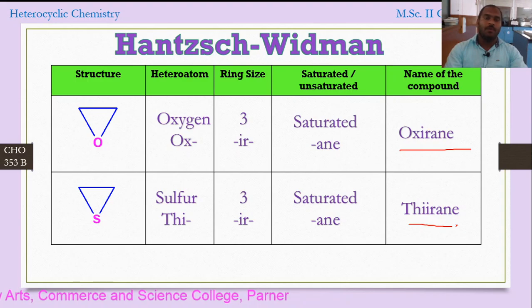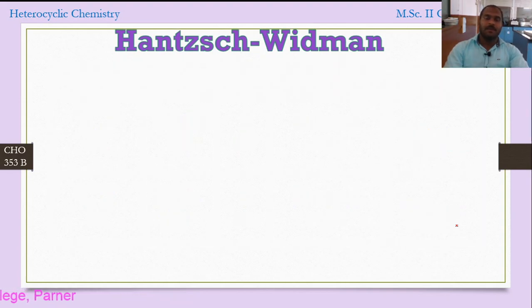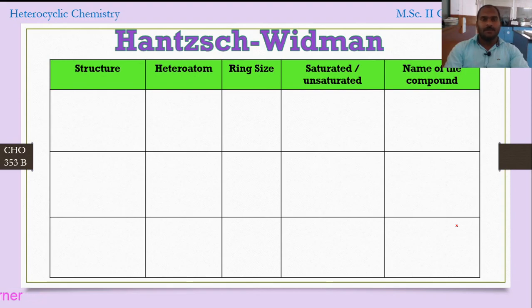Now let's go further for a higher cyclic system, that is a 4 member. Okay, so let's go here with the structure. This is the structure which a 4 member cycle having a nitrogen.